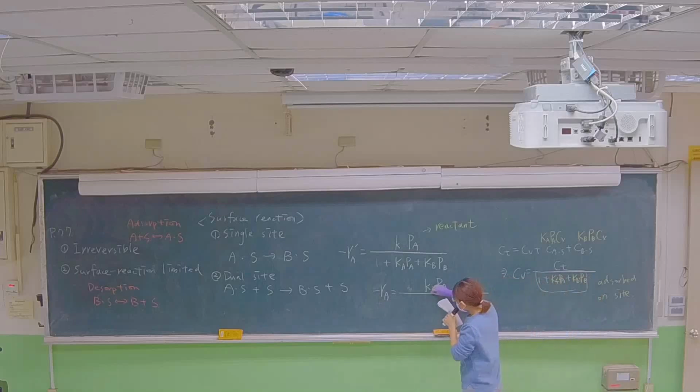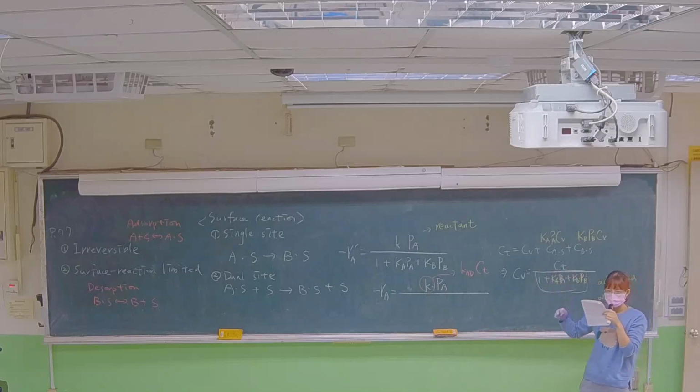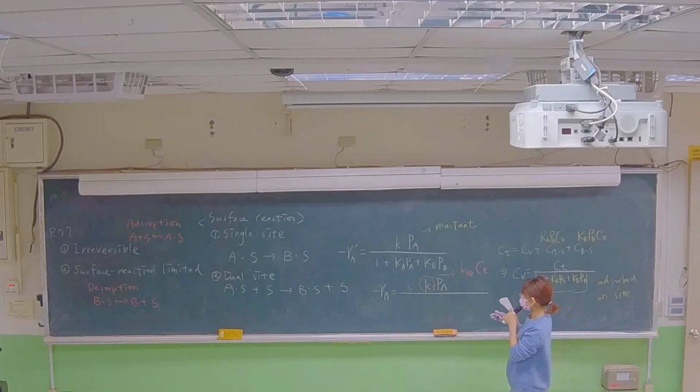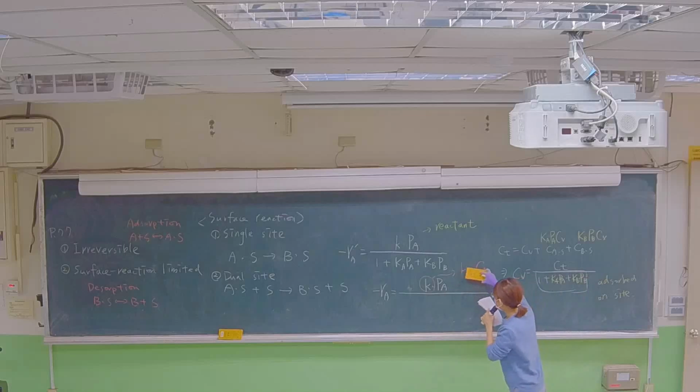This K is highly possible to be K_AD CT if you are familiar with the previous process. Right? KAD is the rate constant for adsorption, and KS is the rate constant for surface reaction, right? KS is the rate constant for surface reaction.